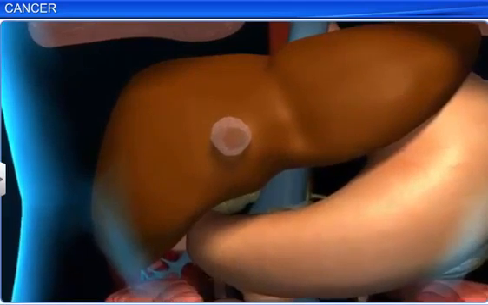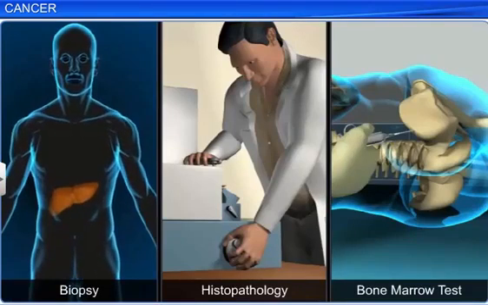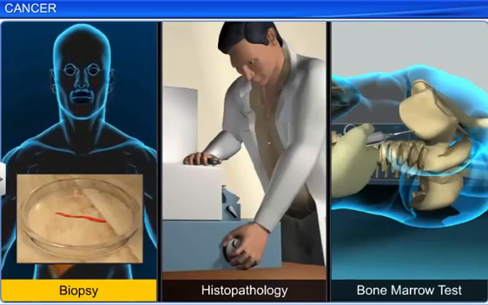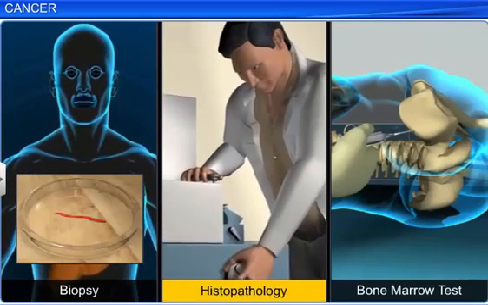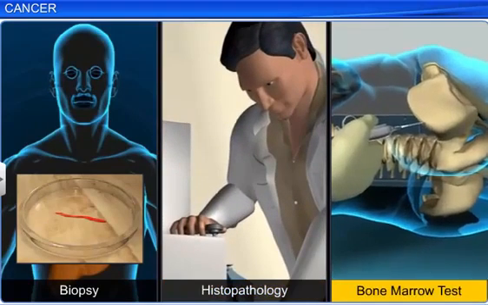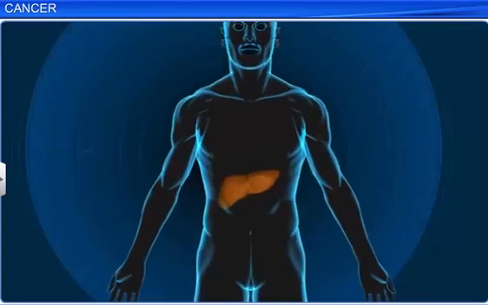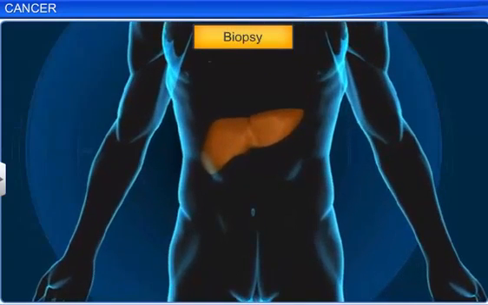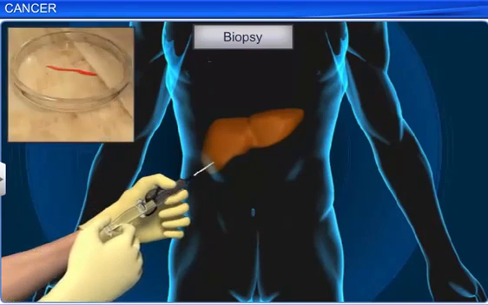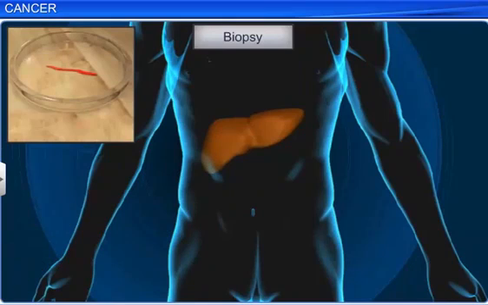Cancer is detected by using a variety of methods such as a biopsy, histopathology of blood as well as tissue, and bone marrow tests. In a biopsy, a piece of suspected tissue is cut into thin sections, stained, and observed under a microscope by a pathologist.